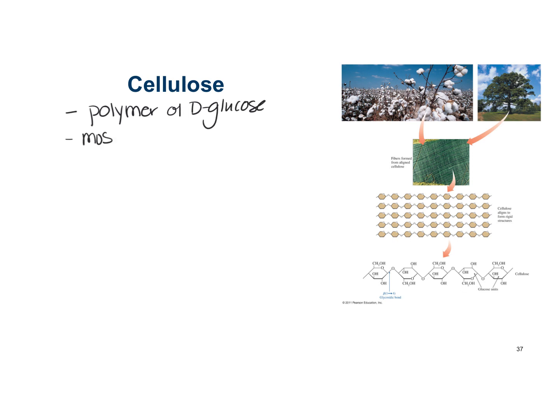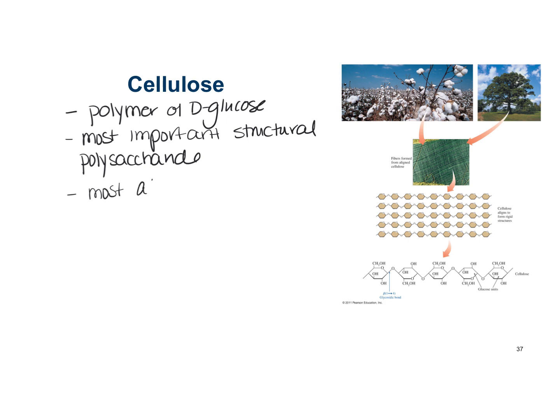It's the most important structural polysaccharide and is the most abundant organic compound on Earth. All right. And the reason is it's the material that's in plant cell walls that provides that strength and rigidity.